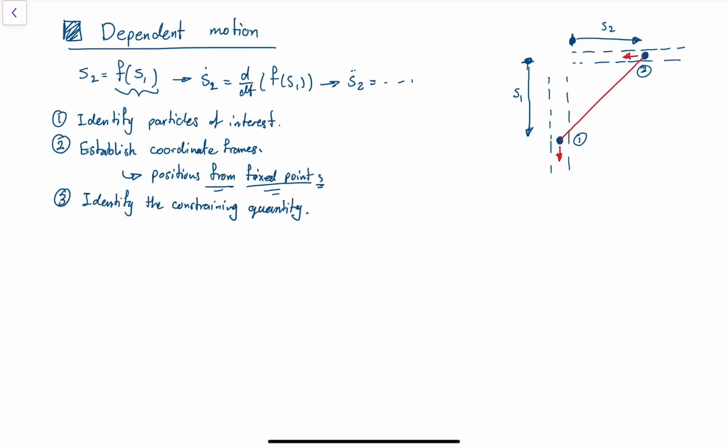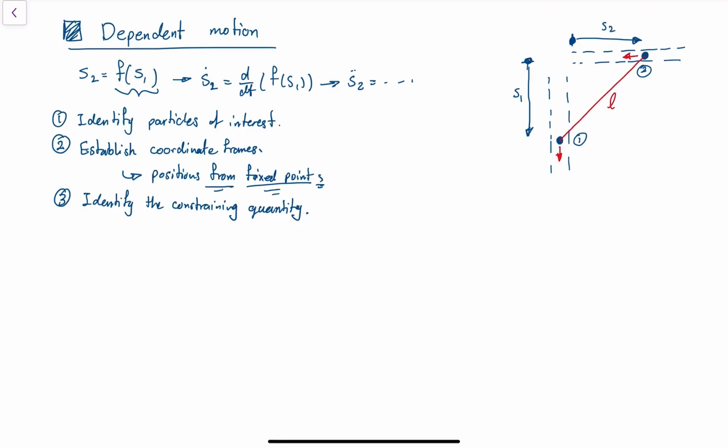In this case, the quantity that is constraining the motion of the tool is the fixed length of this rigid rod. Often in many problems we have ropes, rigid links, grooves. So these kinds of relationships or quantities, angles, lengths, and so on are our constraining quantity.